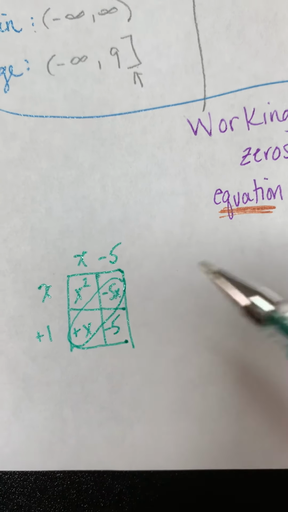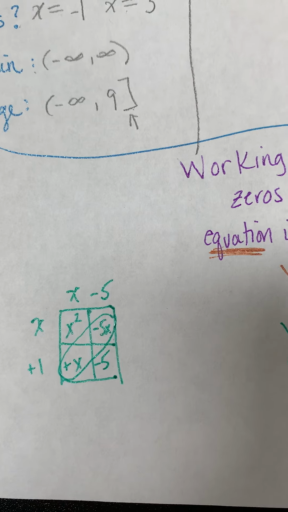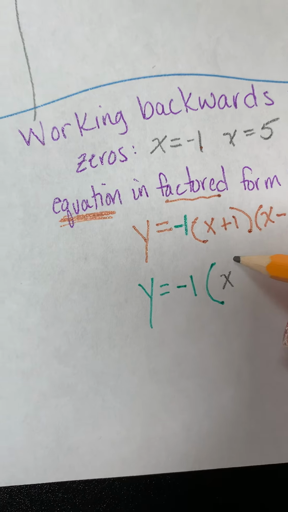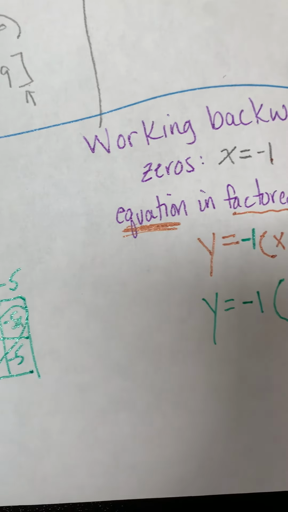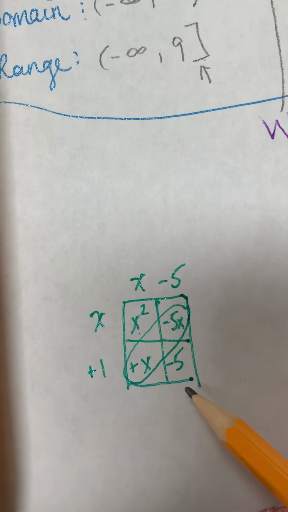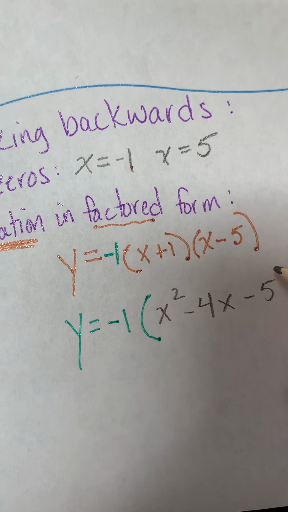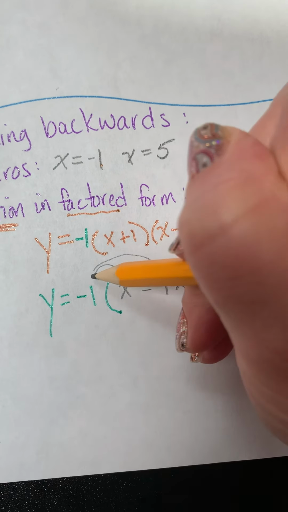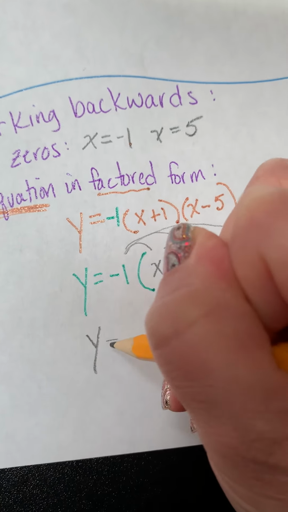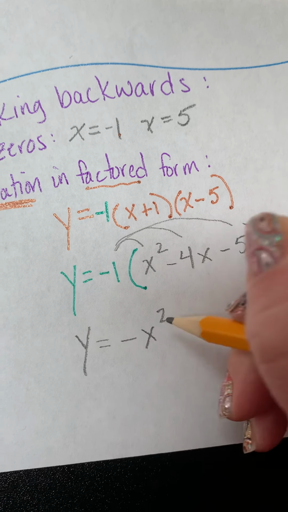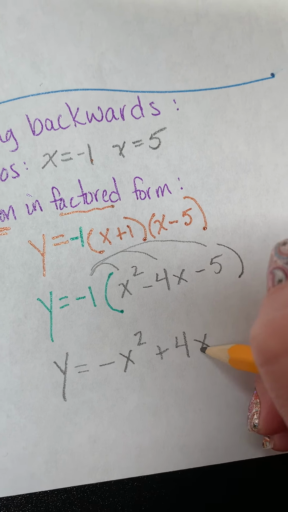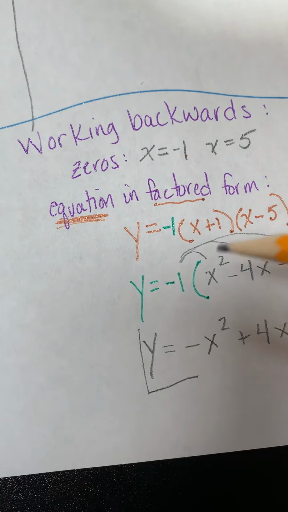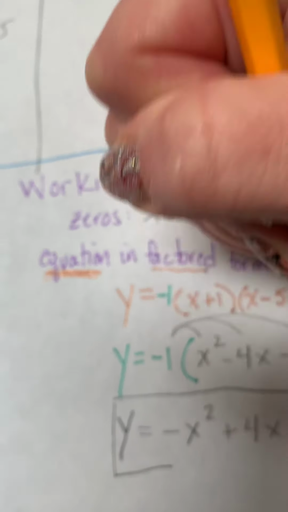I'm looking at x squared minus 4x minus 5. The last thing I'm going to do is distribute that -1 through. And I'm looking at -x squared plus 4x plus 5. This is the equation in standard form.